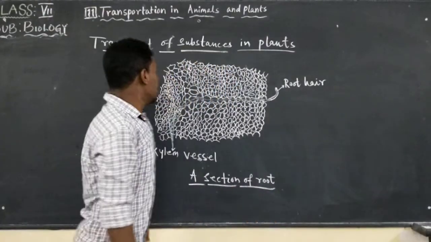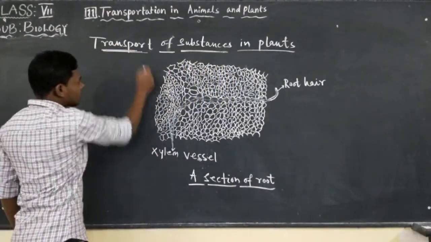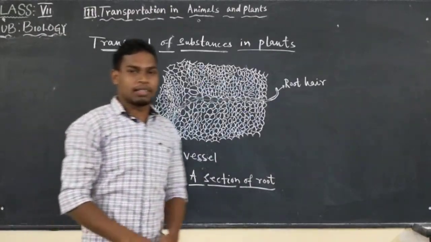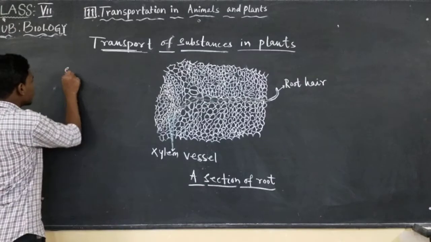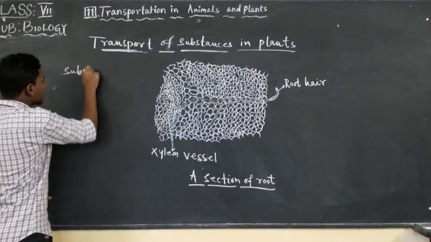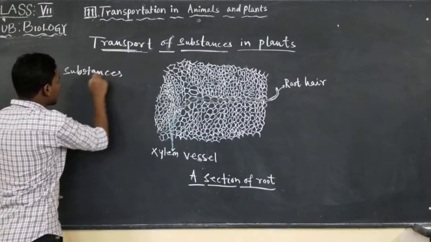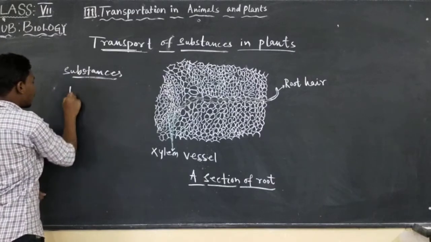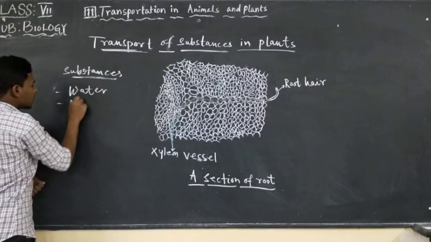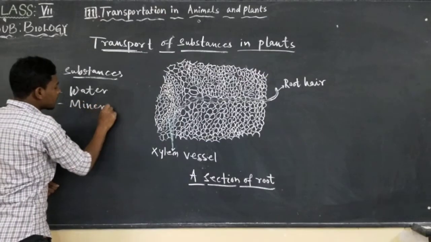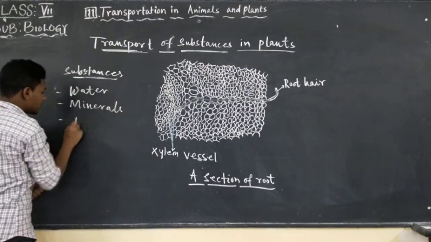Now we are going to deal with transport of substances in plants. What are those substances? Those substances may be water, minerals and food.